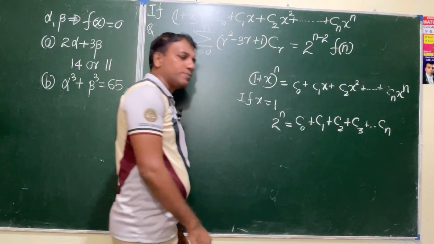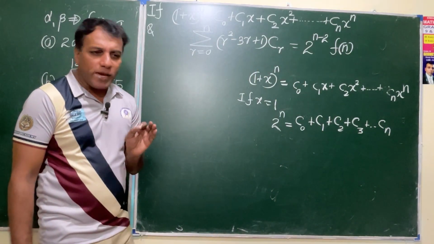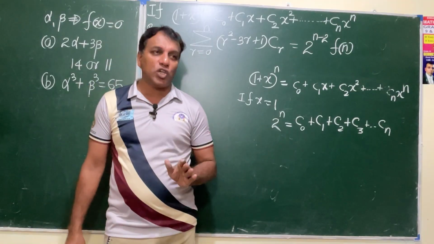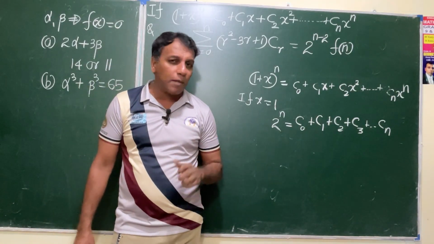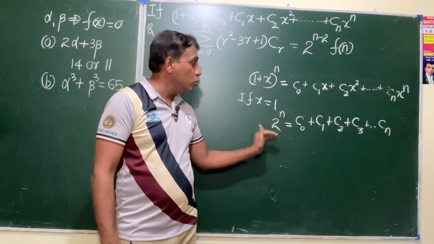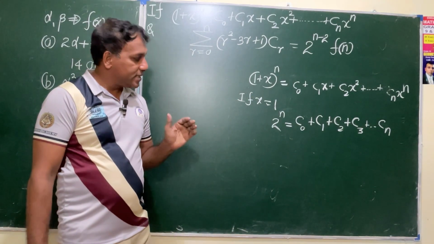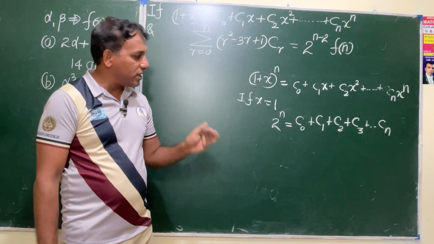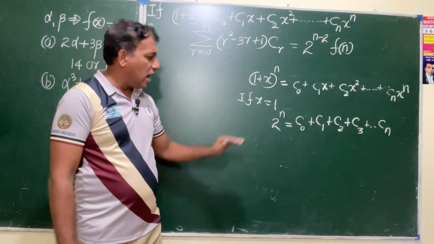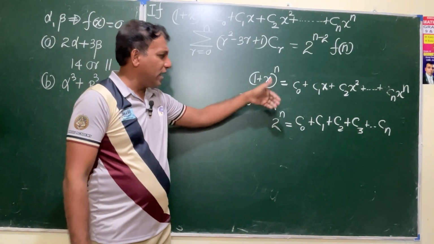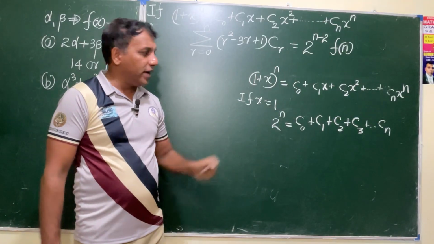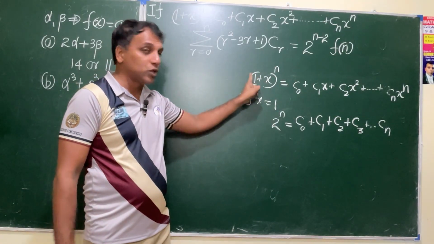See, very important. So what is the binomial expansion of coefficients? The sum of all the coefficients up to n terms is 2 to the power n: C0, C1, C2, C3 up to Cn, answer 2 to the power n. If you put x equals 2, there is another pattern value. x equals 3, x equals minus 1.